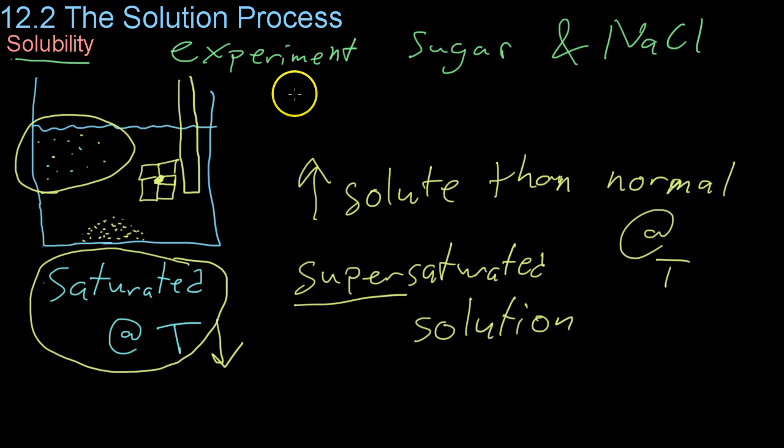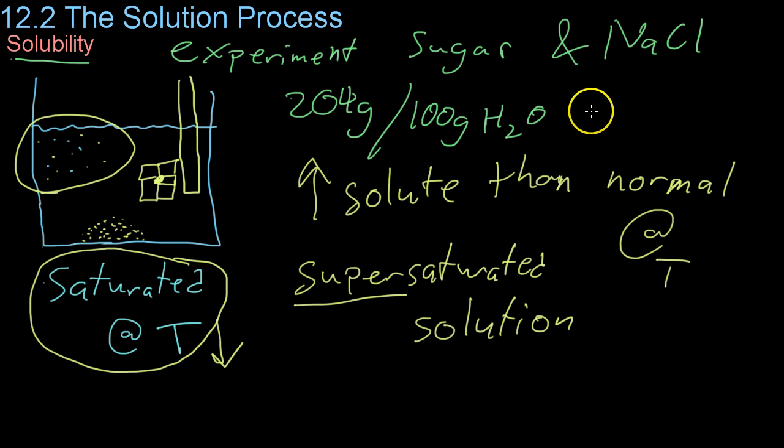Sugar, for example, has a solubility value of 204 grams per 100 grams of water. And you have to specify a temperature because you'll remember solubility changes as the temperature goes up or down. So that's at 20 degrees Celsius. And for salt it would be different, as well as other solutes.